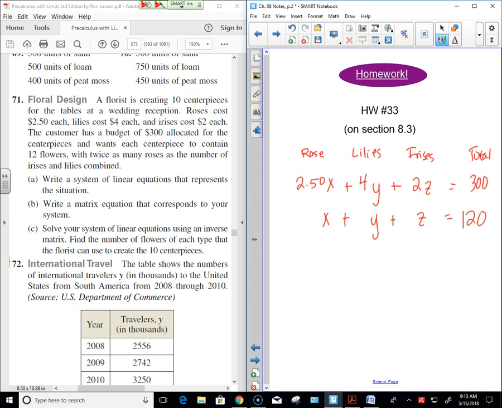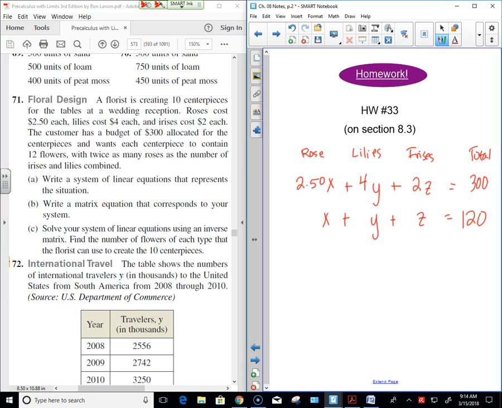Because 10 centerpieces with 12 flowers each, I need as many, or how many roses, how many lilies, how many irises, I need 120. Now, any florist would buy way more than this, but it's okay. Because some flowers come and they're bruised and they're broken. But anyway, long story short, I've done too many weddings. X plus Y plus Z, all the flowers need to equal 120. We're just saying that they're getting the bare minimum. But what do they also say? There's one more clue.